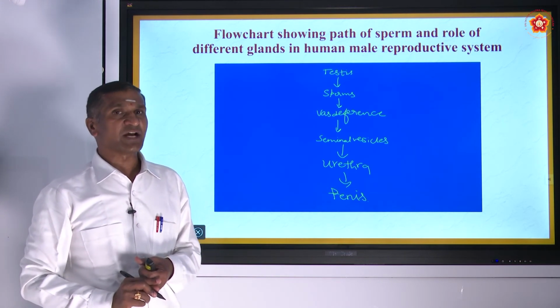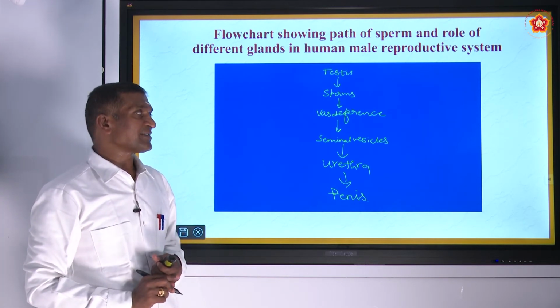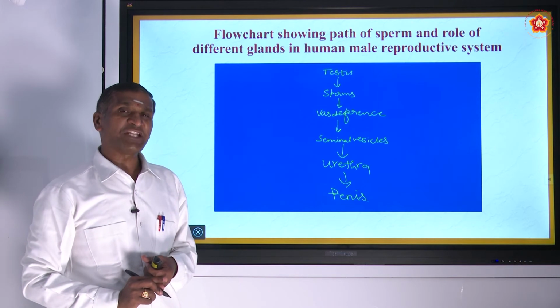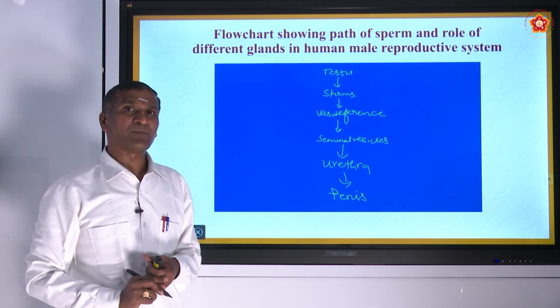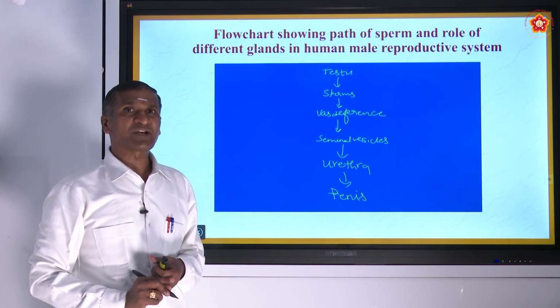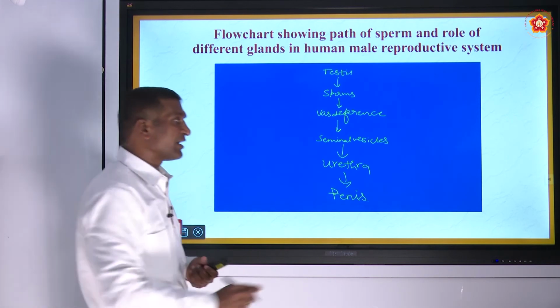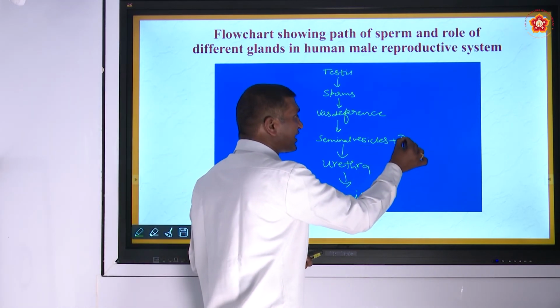The sperms that are produced in the testes are carried through the vas deferens and are nourished and liquefied, which converts into semen with the help of seminal vesicles and also the prostate gland.